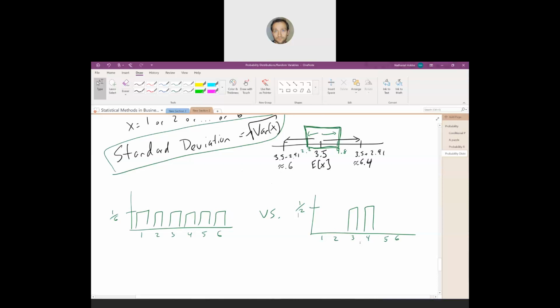What's the expected value for the one on the left? 3.5. Yep. How about the one on the right? Would it also be 3.5? Yeah, exactly.